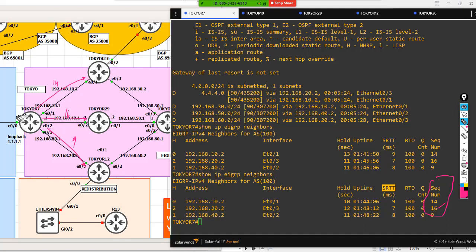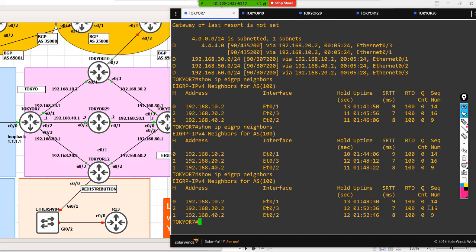From router 7's point of view, what is the sequence number that we recorded here? You will see there is no increment, because the routes are already advertised and no data is going to be circulated.